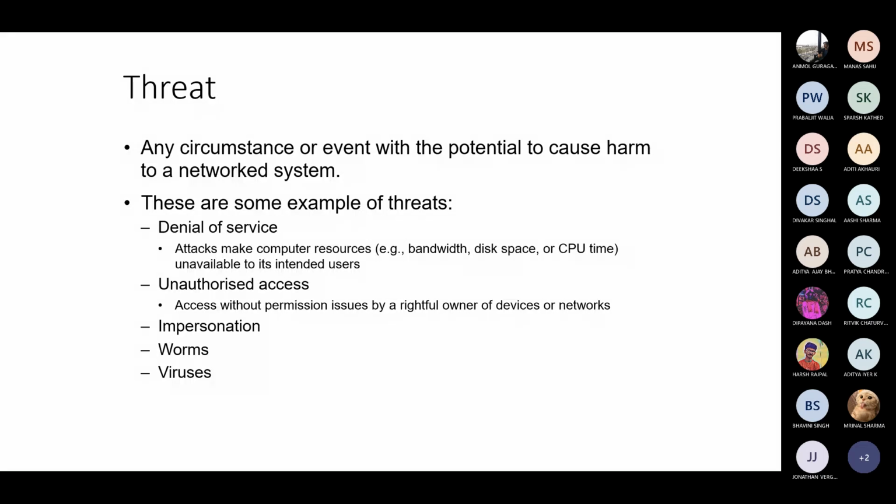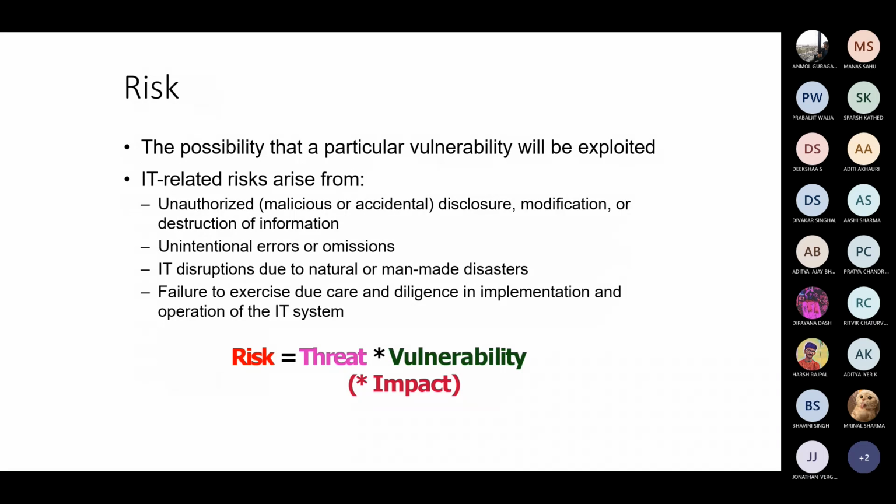Now risk. So what is called a risk? There are three types of risks normally: software risk, hardware risk, and network risk. So risk may happen or may not happen.